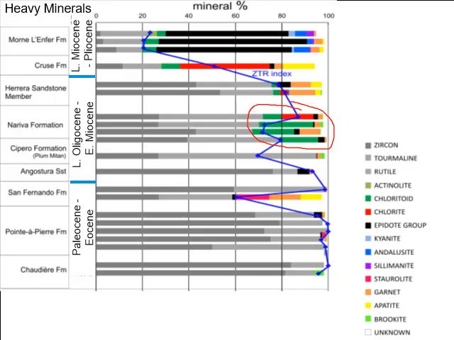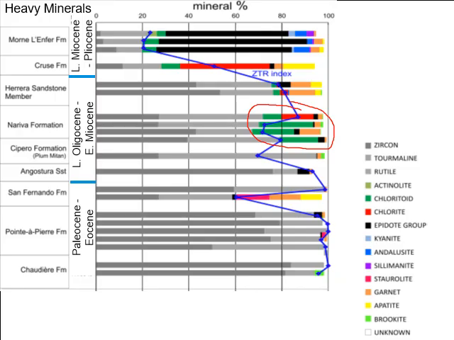Then as you get into younger and younger sediments, you see strong input of chlorite in your Cruz Formation. By the time you get into the youngest Miocene-Pliocene sands, you see strong input of things such as epidote, or the epidote group, and again, chloritoids and chlorite continue into those younger sediments.